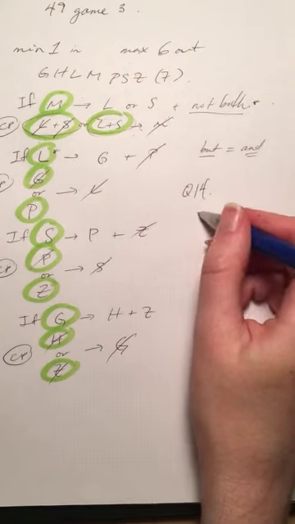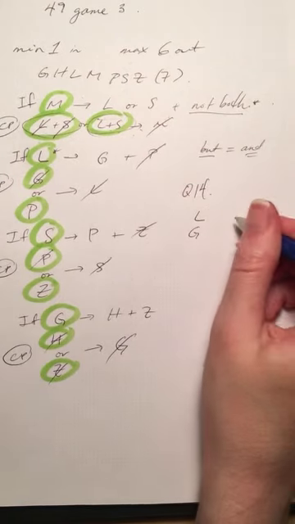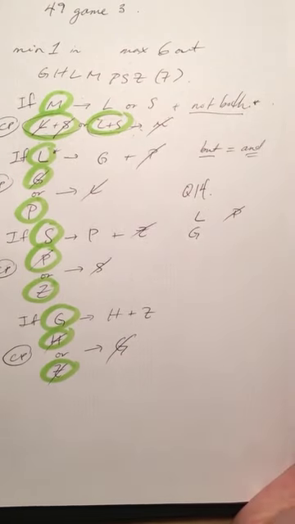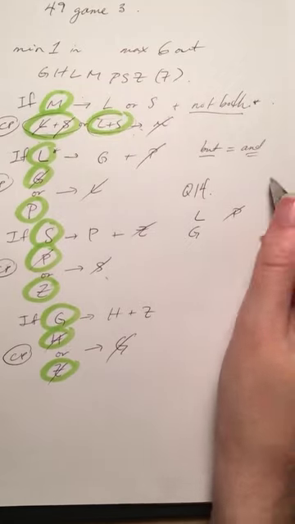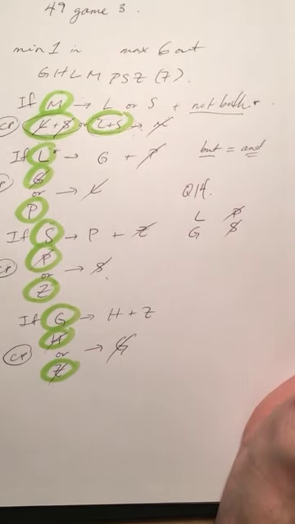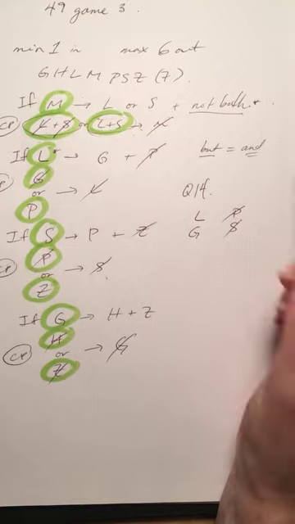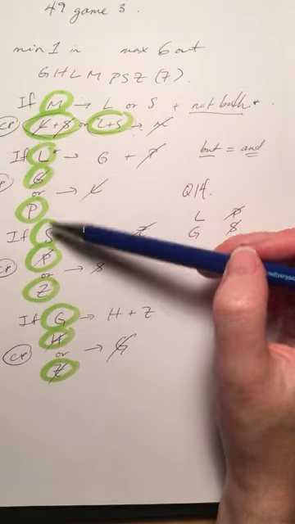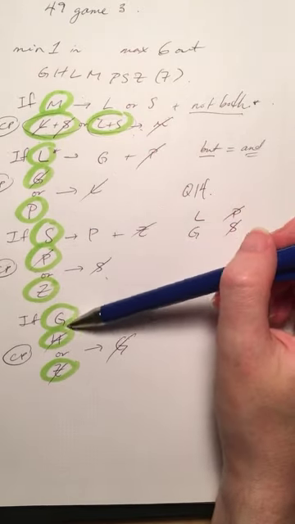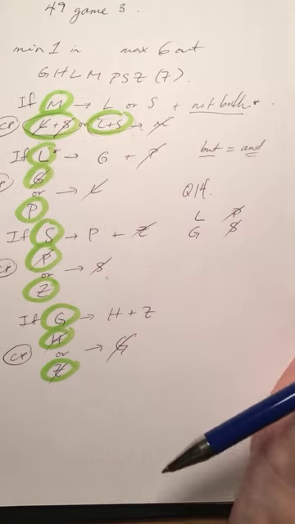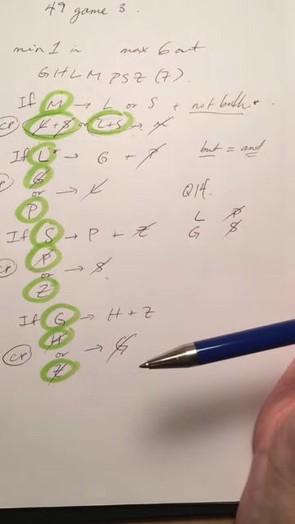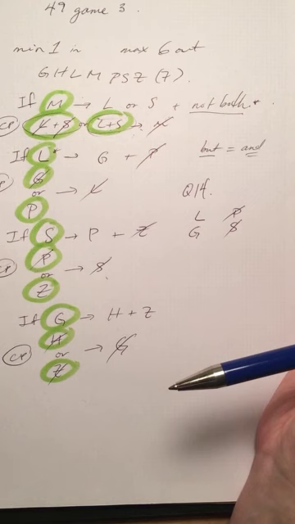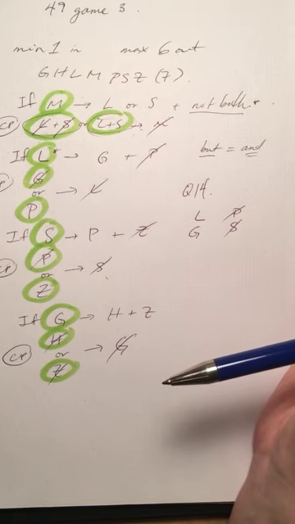So if L is in, then we know G is also in, and we know P is out. If P is out, that means S is also out. And if S is out, does that trigger anything? No, it doesn't.